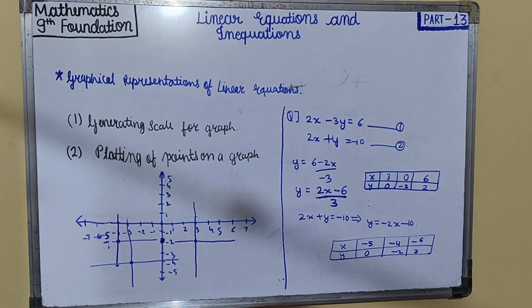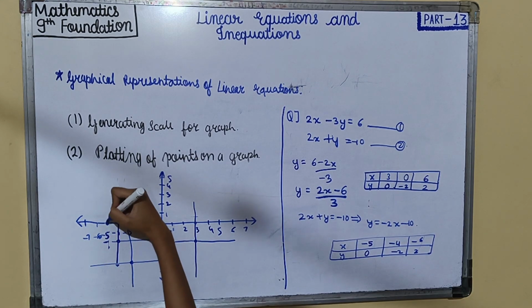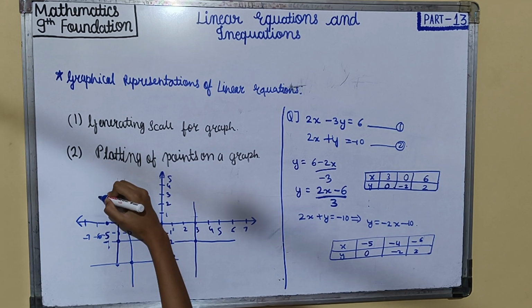And then the next point would be 5, comma minus 5. The next point would be minus 5, comma 0. So this point we will get, and another one would be minus 6, comma 2.